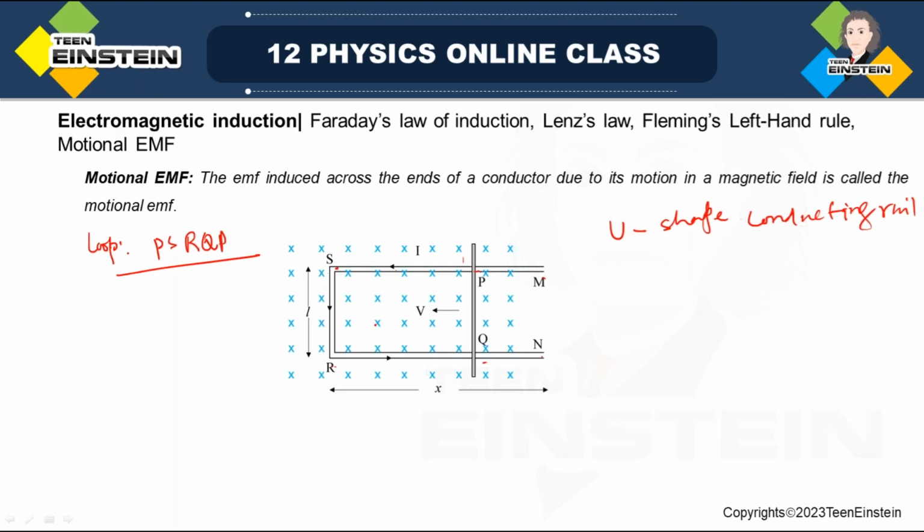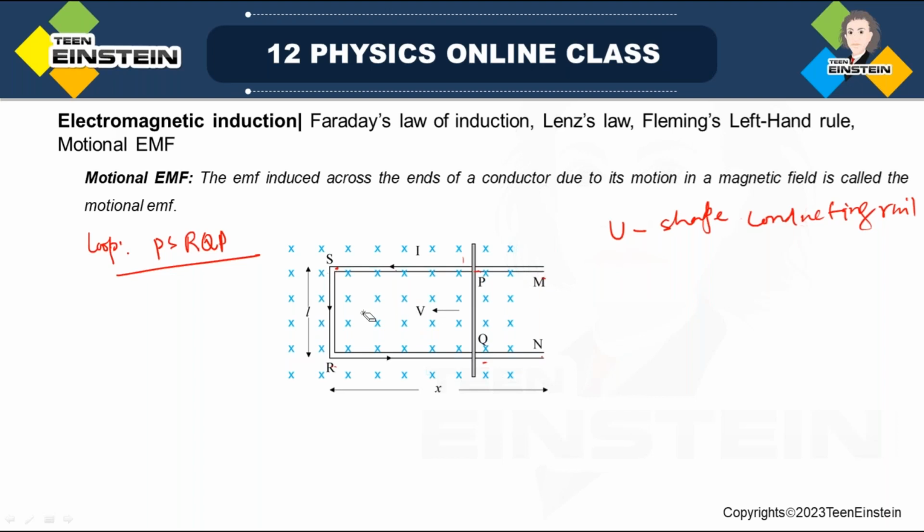This is a conducting loop. Now, since the magnetic field, you can take this loop in the plane of the paper, and the cross means magnetic field lines are going into the plane of the paper.